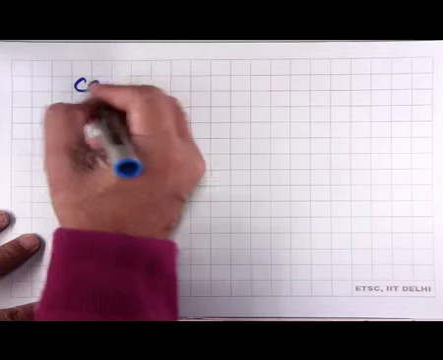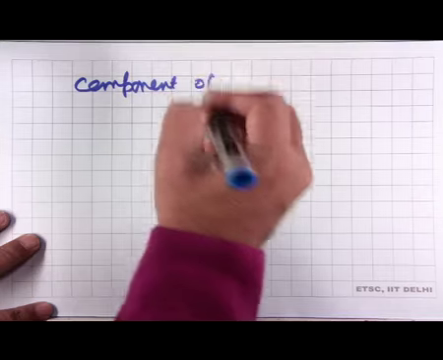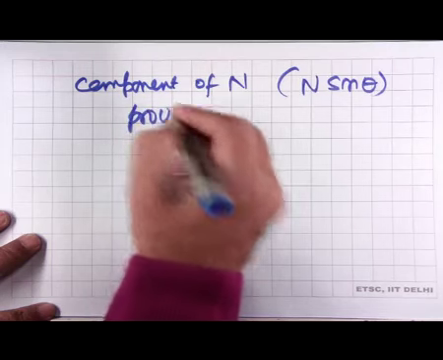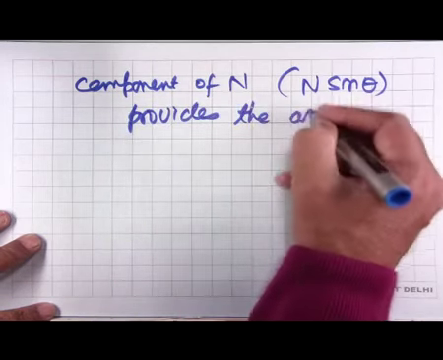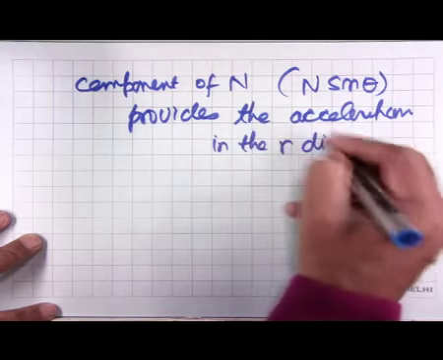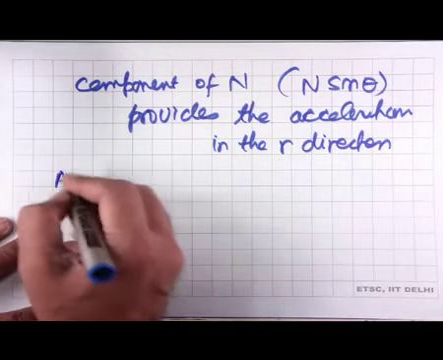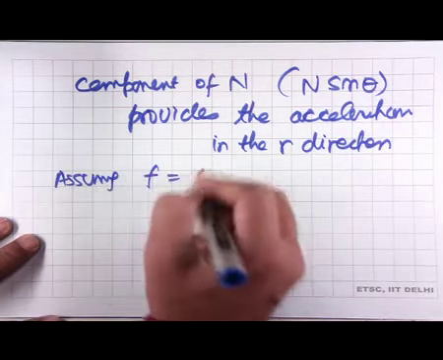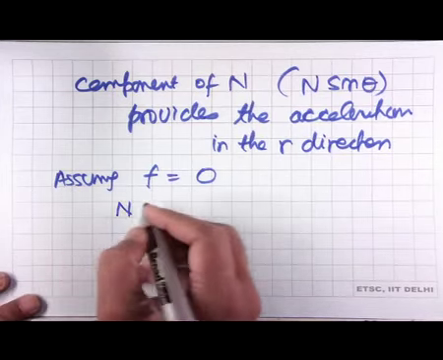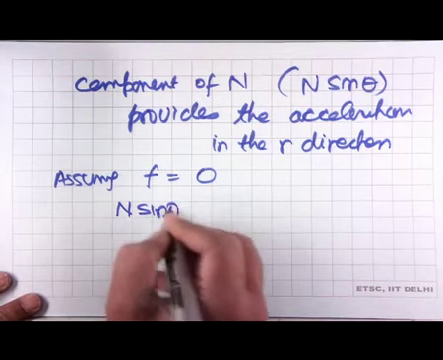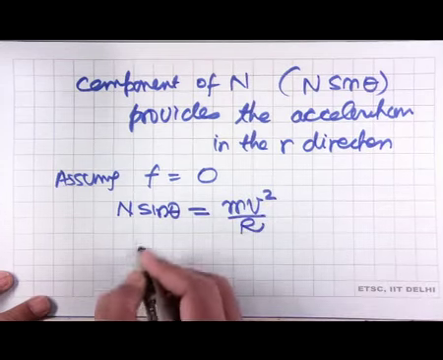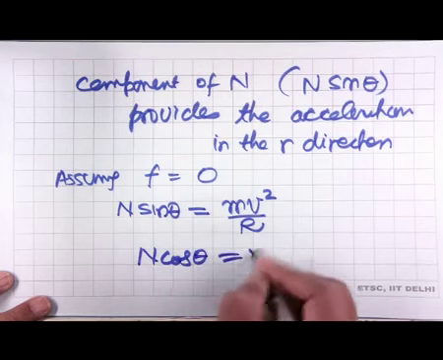So, a component of n provides the acceleration in the r direction, and assuming we have a case where friction force is 0, there is no friction, then n sin theta is equal to mv square upon r, and n cos theta is equal to mg.